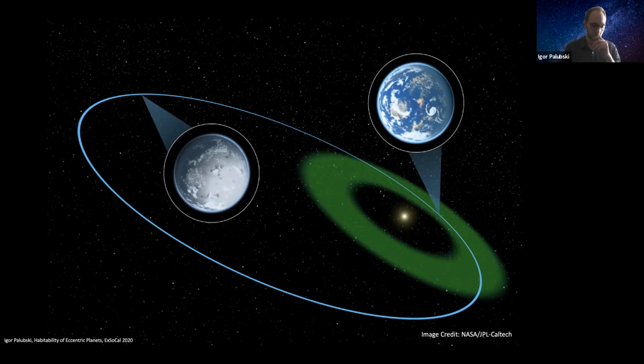And here I would argue that the extremity of this scenario warrants an introduction of a new habitable zone with this new dimension of eccentricity. And that's what we call the eccentric habitable zone.